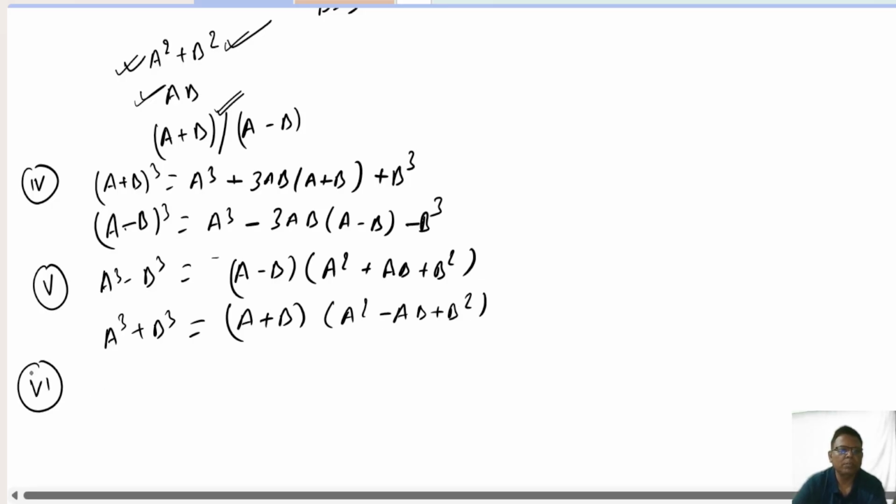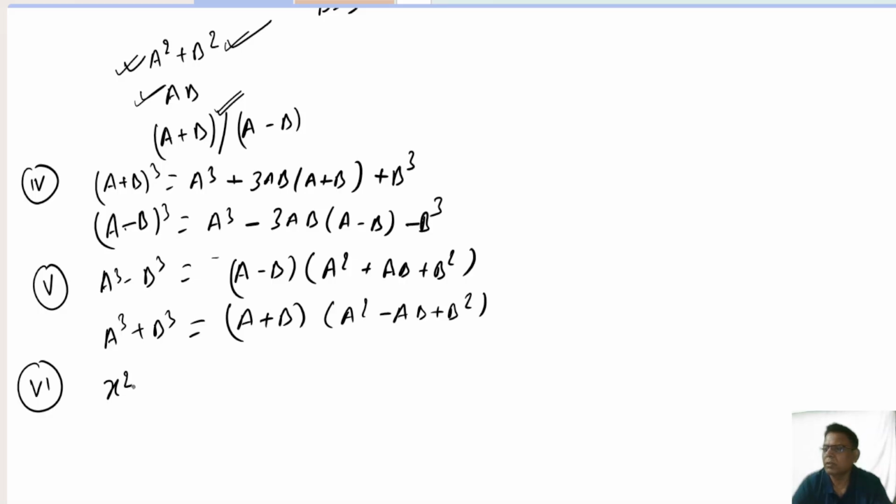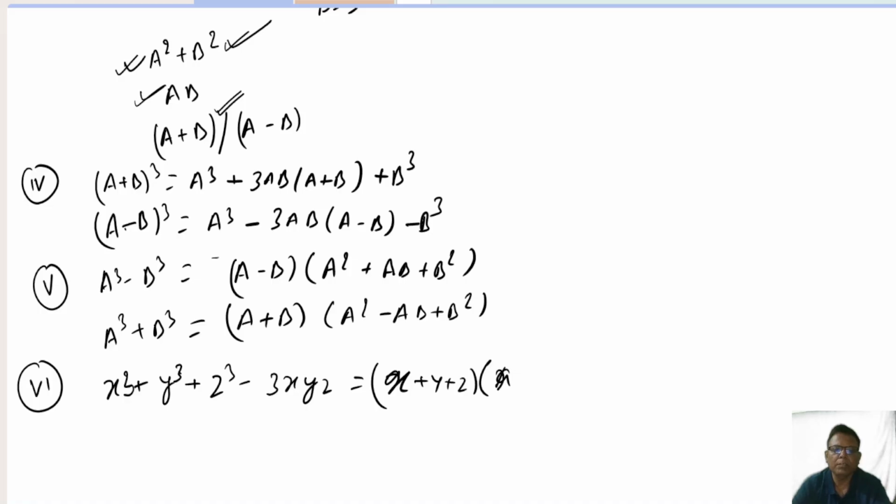Now come to the sixth. Sixth is x cube plus y cube plus z cube minus 3xyz is equal to x plus y plus z multiplied by x square plus y square plus z square minus xy minus xz minus yz.